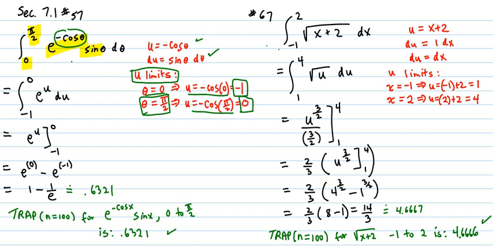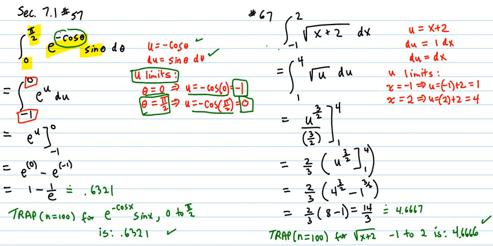So now converting over the integral, never have the original variable and u in the same integral, not even the limits. Switch them all over. So now you go from negative 1 to 0. That's the new u limits.